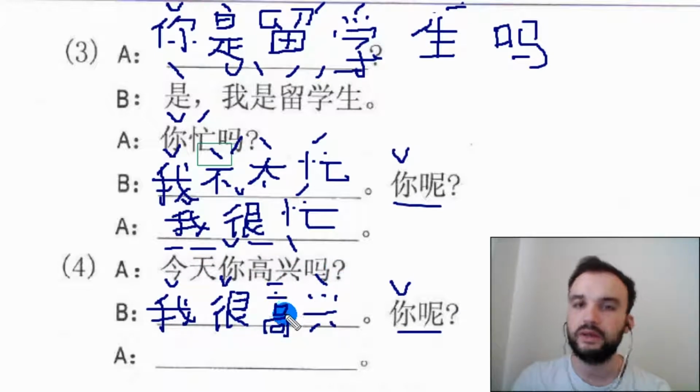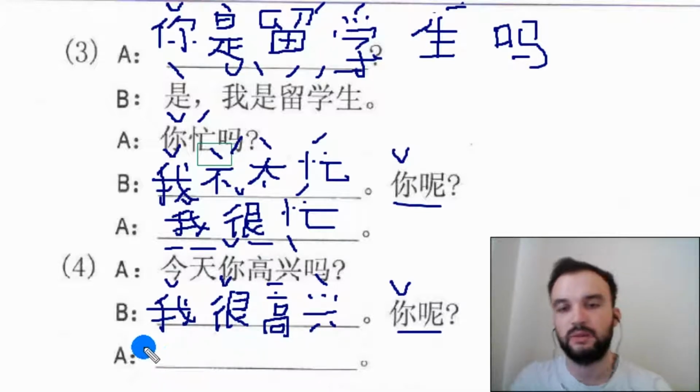I am very glad. I am very pleased. 你呢? What about you? And we give the same answer here. 我也很高兴. I am also very pleased. I am also very glad.